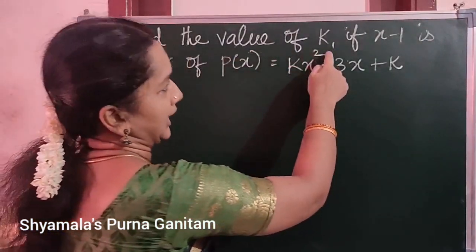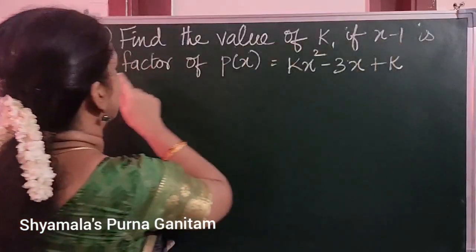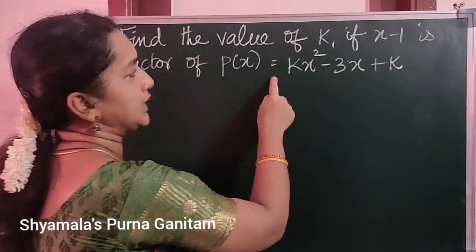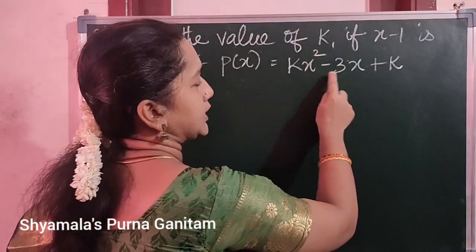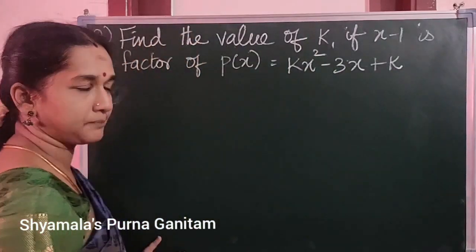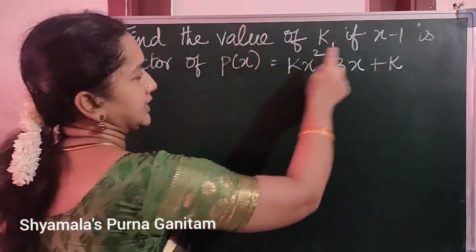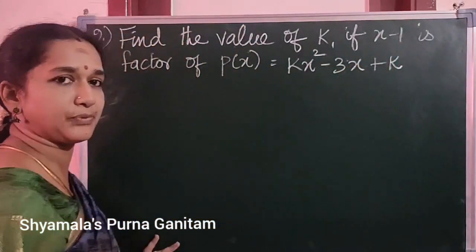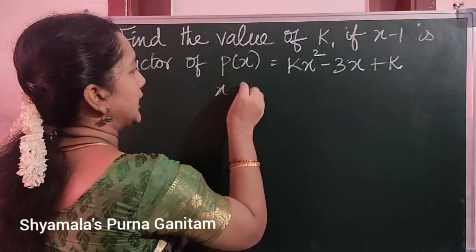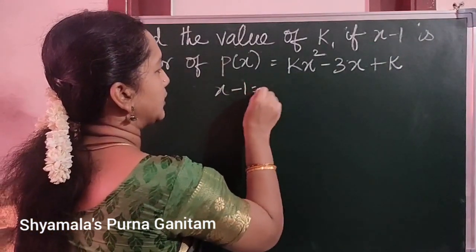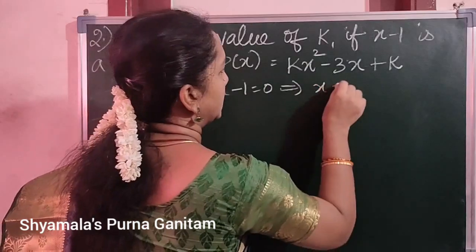Second sum: find the value of k if x minus 1 is a factor of p of x is equal to kx squared minus 3x plus k. In this question, it is given that x minus 1 is a factor. So x minus 1 is equal to 0, so x is equal to 1.